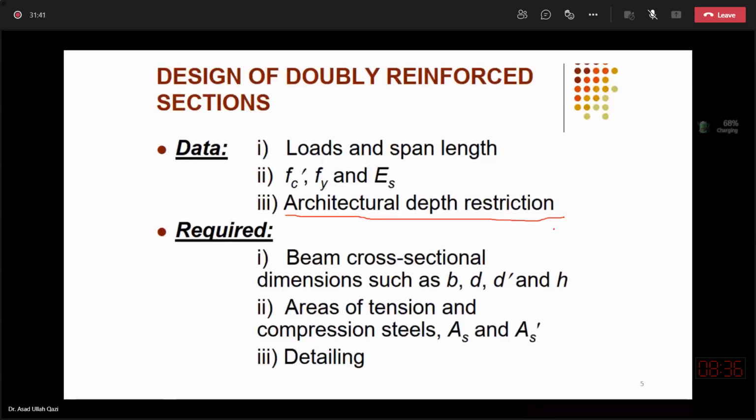So obviously I will not be allowed to go for an over reinforced singly beam. I will then prefer to design a shallow doubly beam.